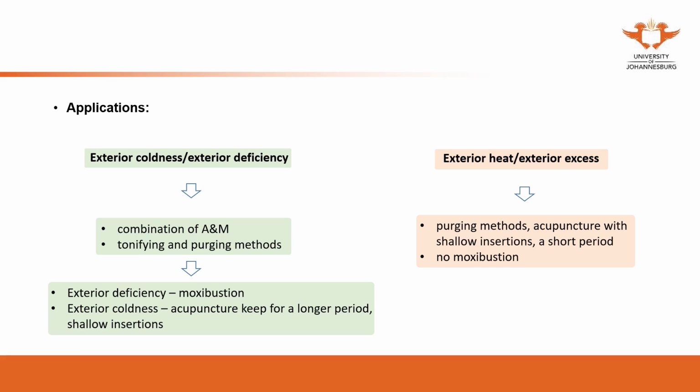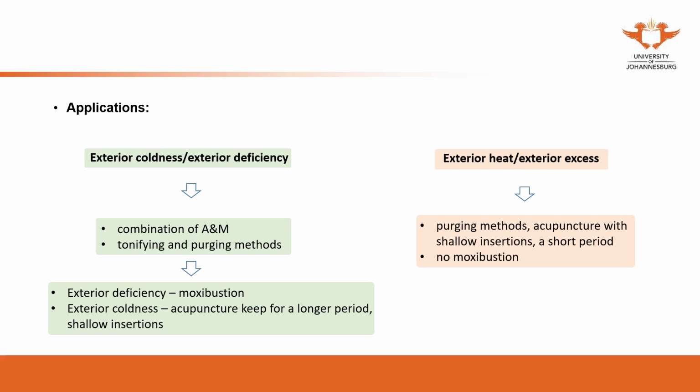Exterior coldness, the patient may present as fever, aversion to cold, and also accompanied with other symptoms related to the lung. So all the exterior symptoms we have mentioned in the previous slides may happen in these exterior coldness or exterior deficiency. In this situation, we can use the combination of acupuncture and moxibustion.